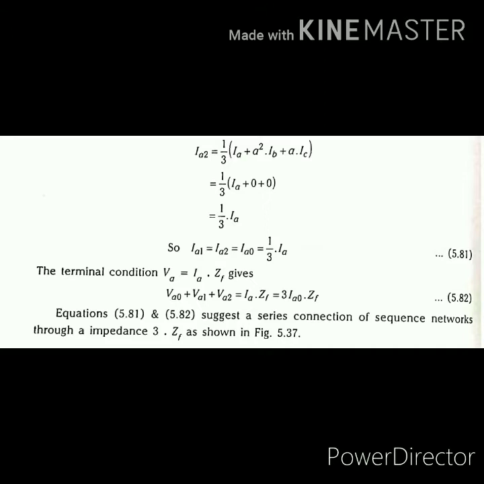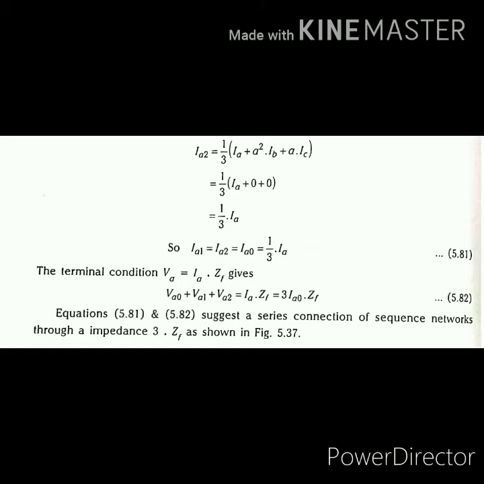From equation 5.81, you can see that the positive, negative and zero sequence currents are each equal to 1 by 3 times of IA. Also the terminal condition VA is equal to IA into ZF gives VA0 plus VA1 plus VA2 is equal to IA into ZF, because VA0 plus VA1 plus VA2 is VA.